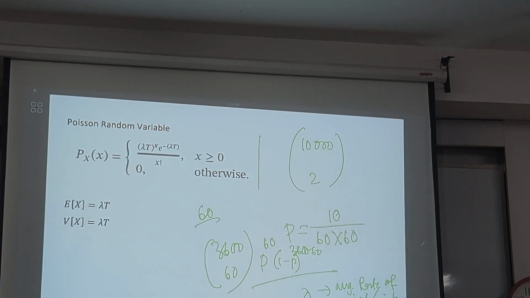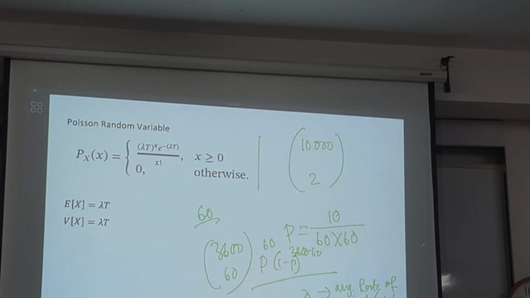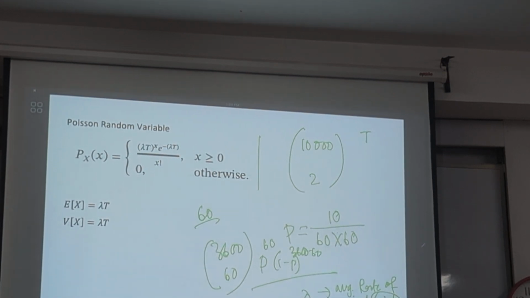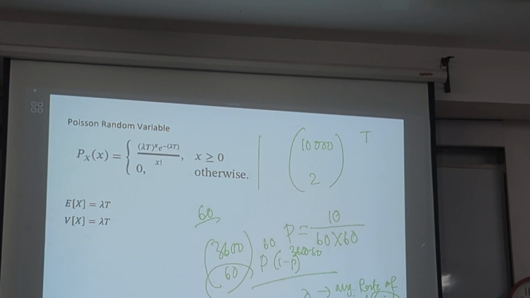Now, what we want to know is the exact probability of exactly a given number of customers arriving in a time period T. Here lambda was defined with respect to unit time, but we may want the number of arrivals in 60 seconds.